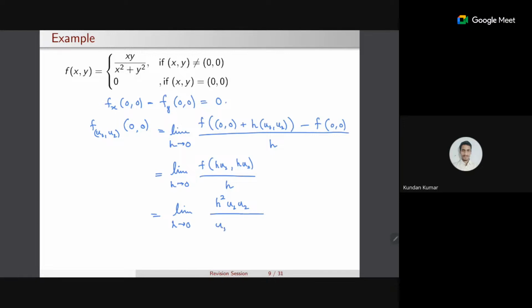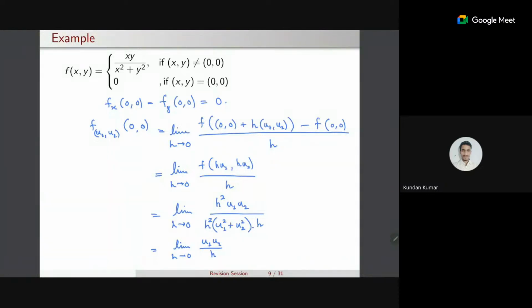I'll also get h square times (u1 square plus u2 square) in the denominator, times h. This h comes from the denominator of the limit expression, and the others are just substitution of hu1 and hu2 for x and y in the definition. You know that u1 square plus u2 square is 1 because I'm taking a unit vector. h square gets cancelled, and what I'm left with is u1 u2 divided by h.